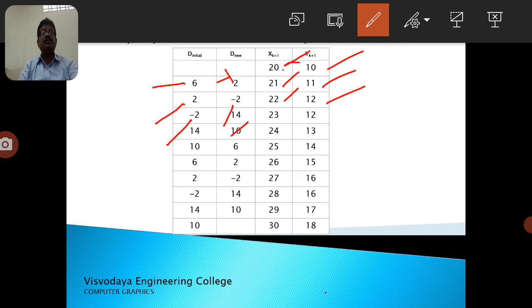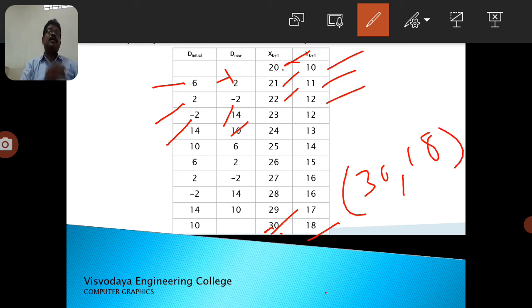We continue until the last coordinates are found. What are the last coordinates given? That is 30, 18. We continue this procedure until the last coordinates are reached.